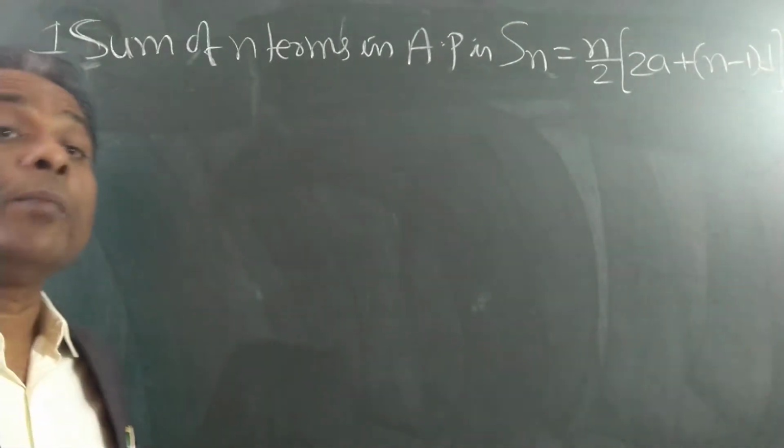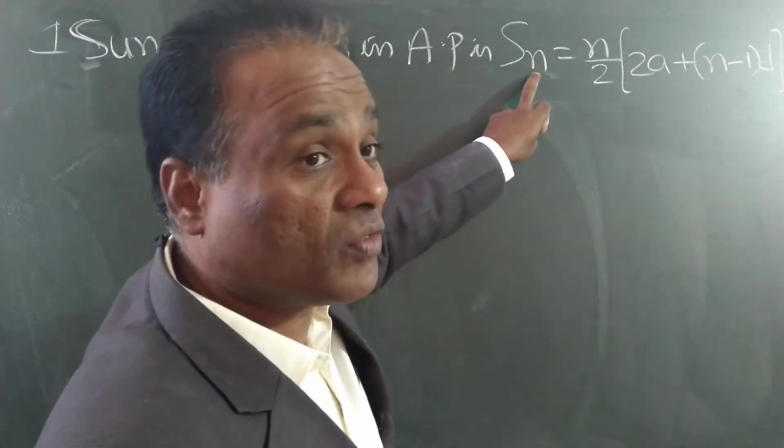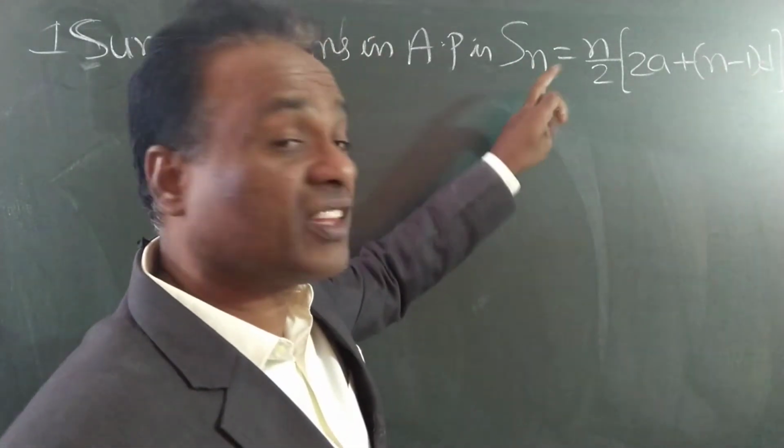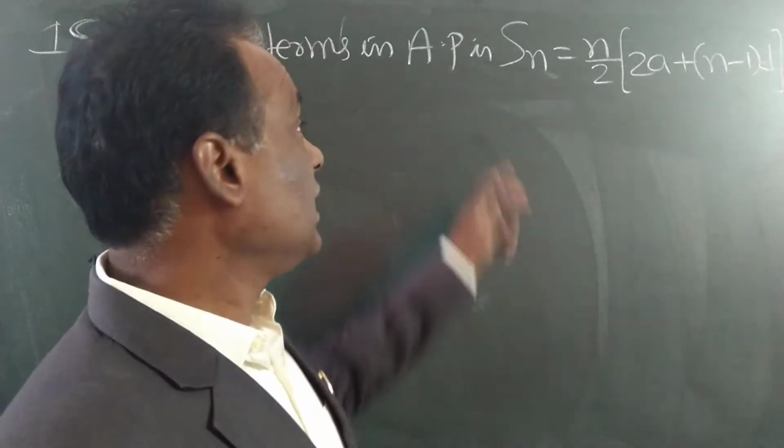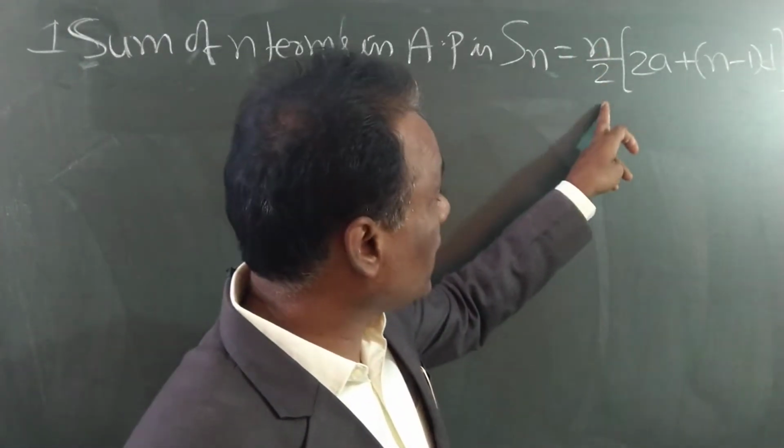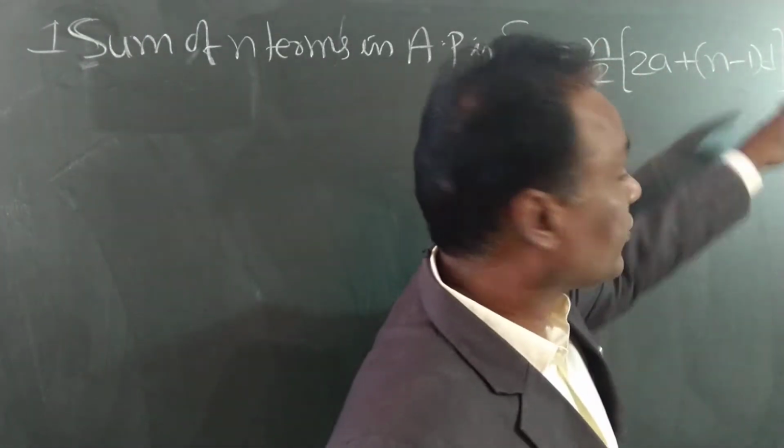Sn is the sum of n terms. What is the Sn symbol? Sn means the sum of n terms. The sum of n terms formula is n by 2 into 2a plus n minus 1 into d.